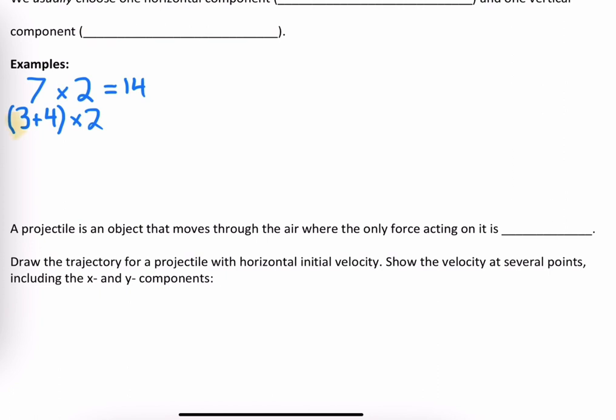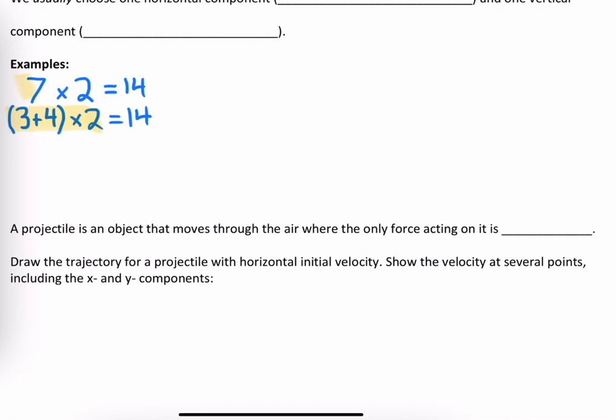I could go 3 times 2, and that gives me 6, and then 4 times 2, and that gives me 8. And then the 6 plus the 8 gets me to the same result, 14.